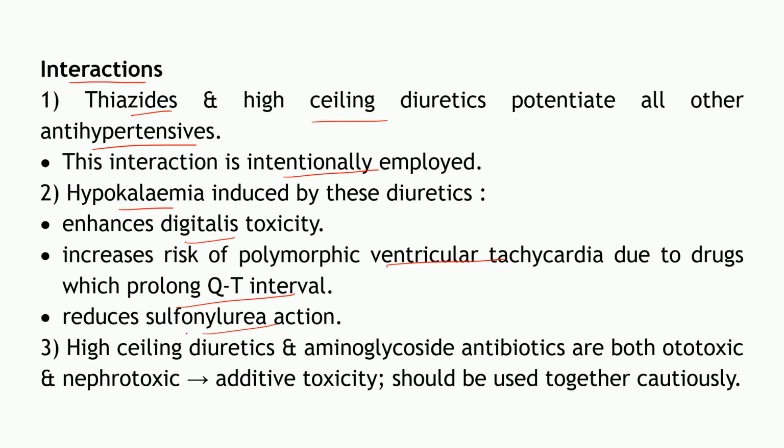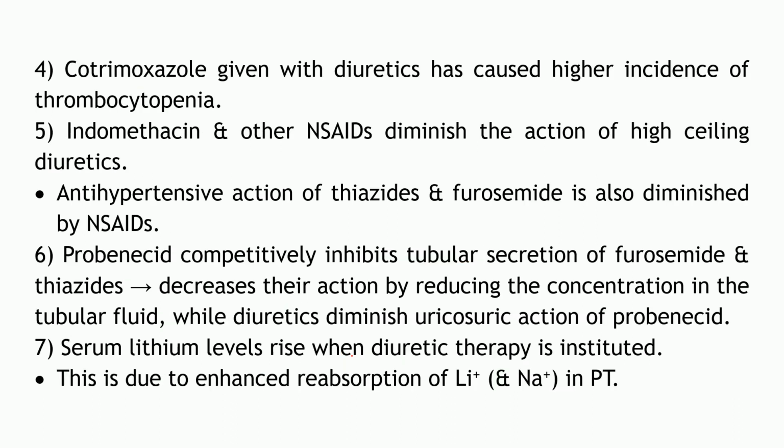Then the next interaction is with the aminoglycosides. Aminoglycosides are ototoxic in nature, and high-ceiling diuretics are also ototoxic, as well as nephrotoxic. So it will result in additive toxicity, and they should not be combined as far as possible. Then cotrimoxazole, a combination of two antibiotics, sulfamethoxazole and trimethoprim.